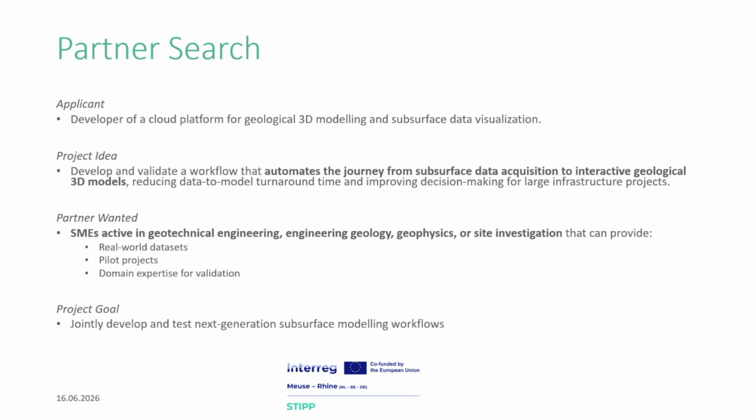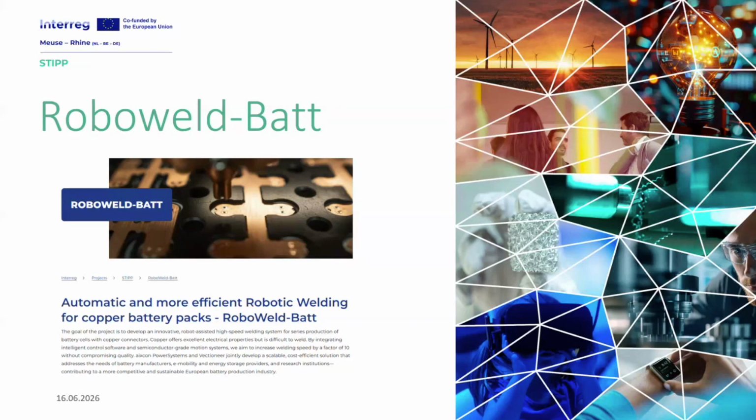Then I would like to give the floor to our project RoboBelt BAT. Today we have Lucas Greven from Ixcon Power System, and they are the lead partner within RoboBelt. This project was selected in call 1, and they're also actually the first consortia that is finishing their project, so the first finished STIPP project, and he is willing to share his experience within the STIPP instruments.